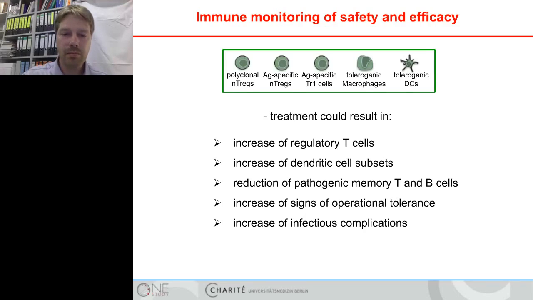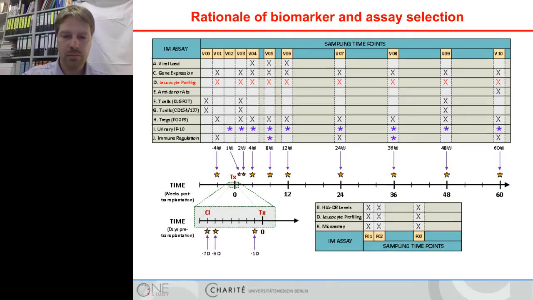complications. To be able to compare the effectiveness of these alternative cellular therapeutics, the ONE Study Consortium developed a robust immune monitoring procedure. So we combined different analytical tests, and we perform these tests at different time points.